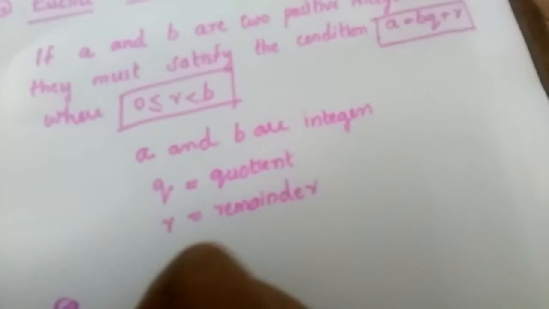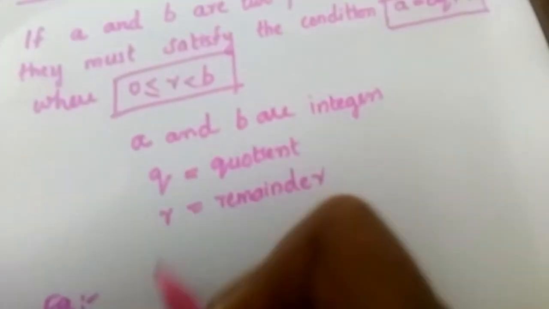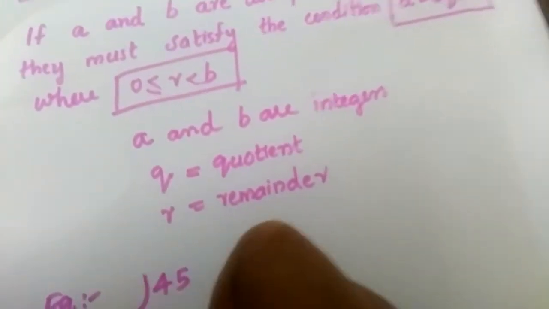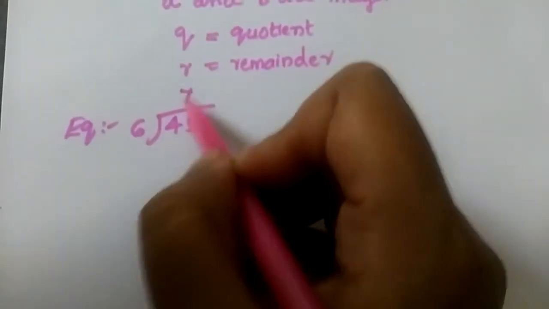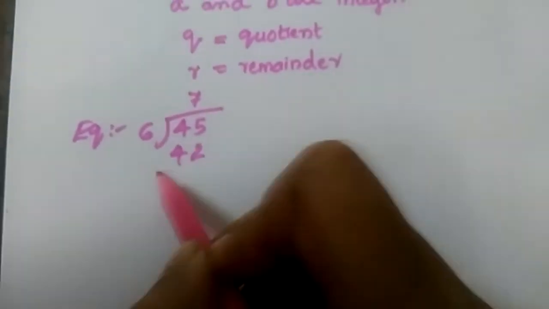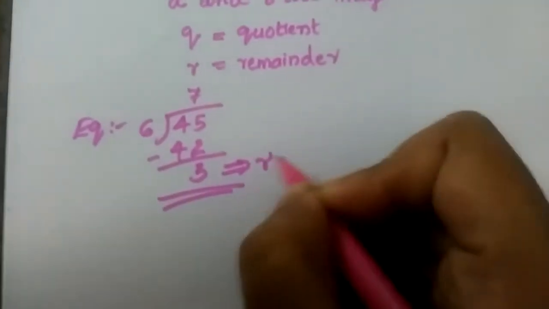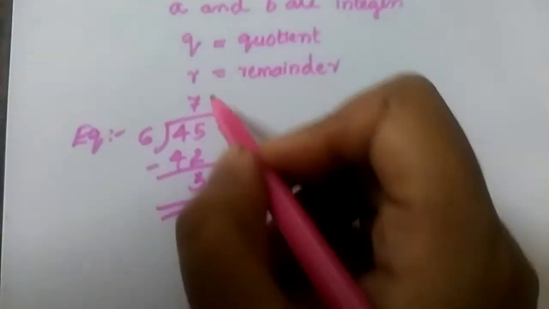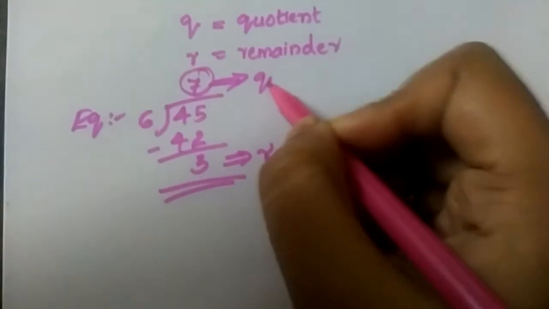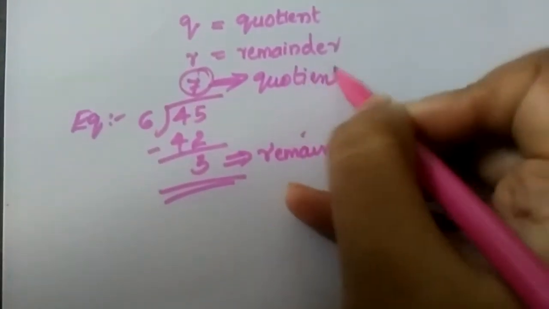For example, 45 divided by 6. What will we do in division? 6 into 7 is 42. If you subtract this, you get 3. Here 3 is the remainder, and 7 is the quotient.